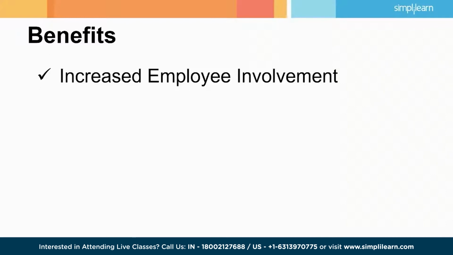By involving employees in the implementation of these programs, they gain a greater appreciation for the impact of the work they do on bottom line business results, as well as an appreciation for how the work of other employees and departments also contributes to success. So this is one of the key benefits.